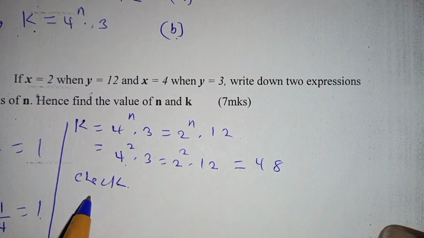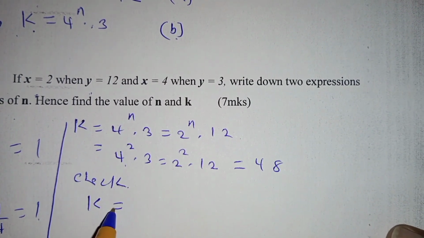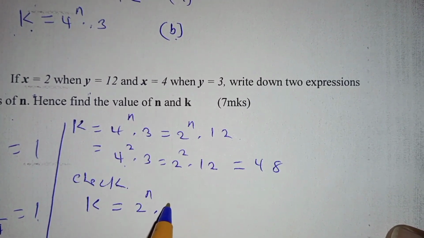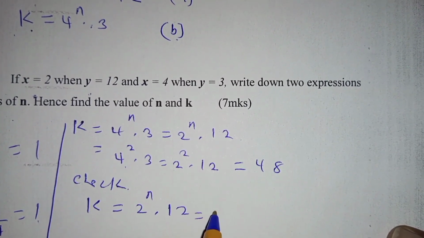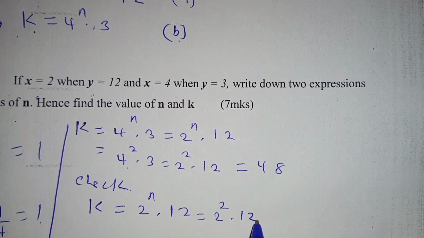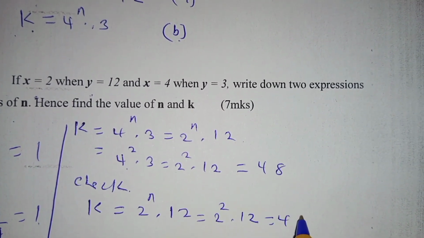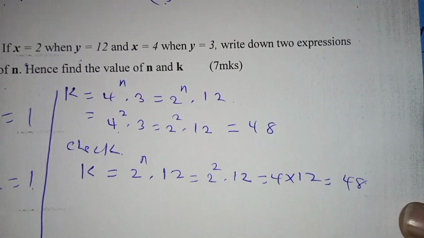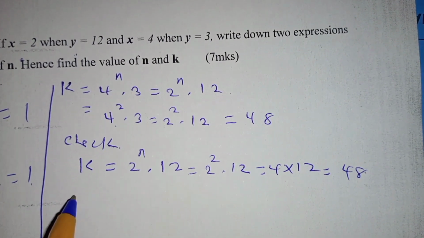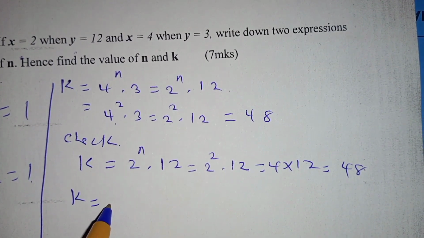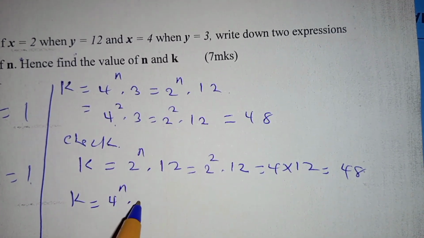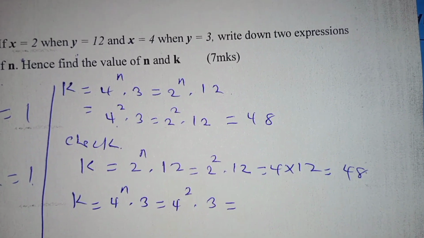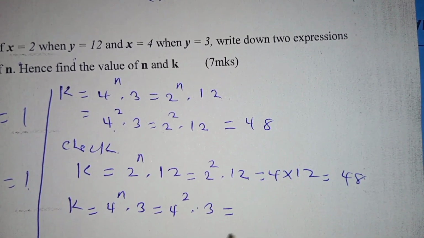K is equal to 2 power n multiplied by 12, which is equal to 2 power 2 multiplied by 12, which is equal to 4 times 12, which is equal to 48. The other bit is k is equal to 4 power n multiplied by 3, which is equal to 4 power 2 multiplied by 3. The dot here stands for multiplication.